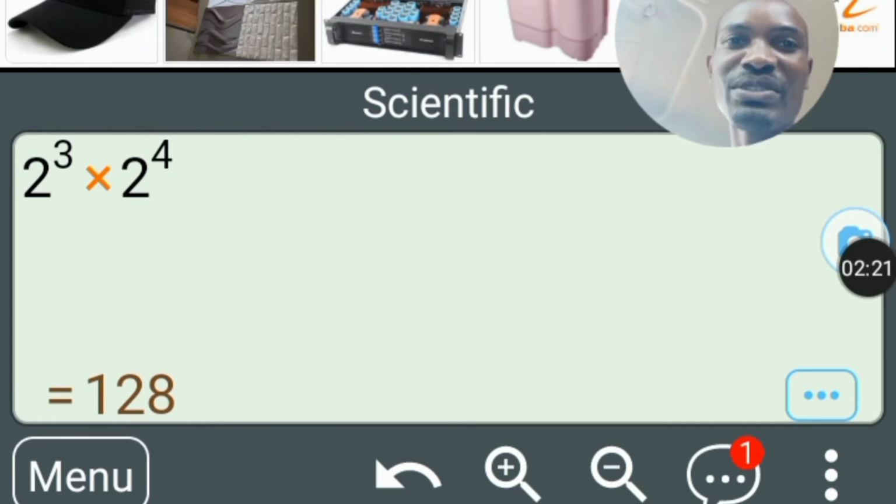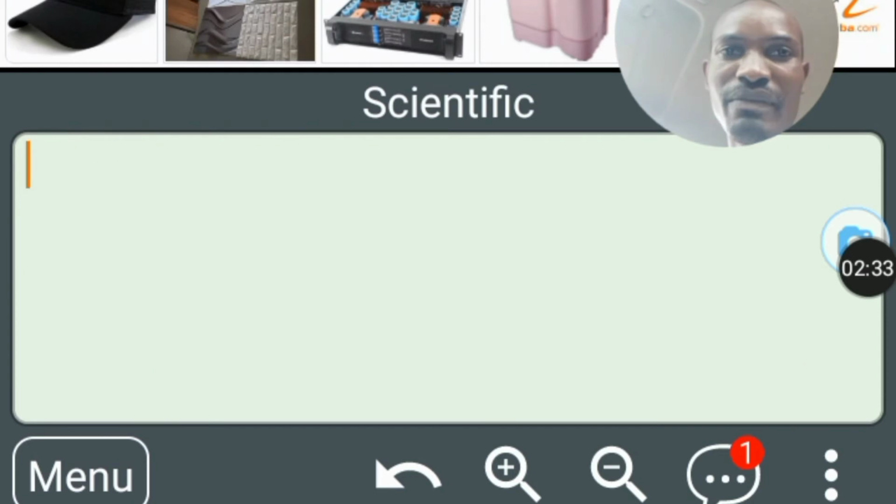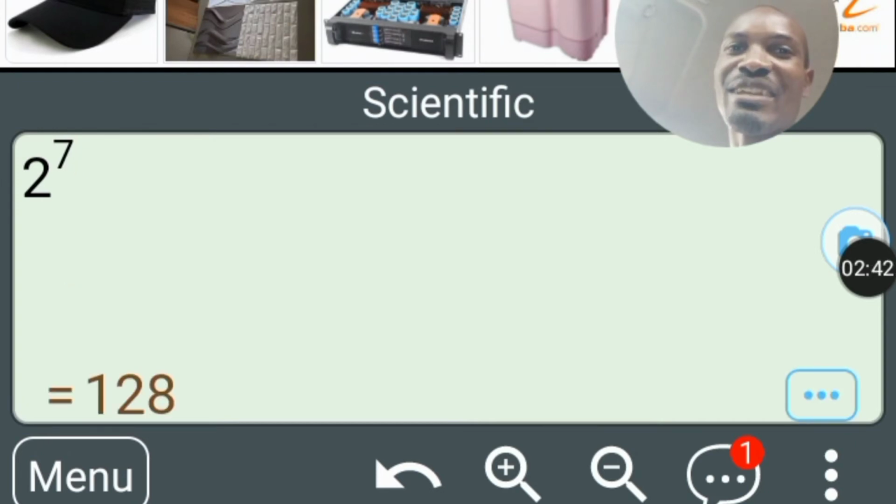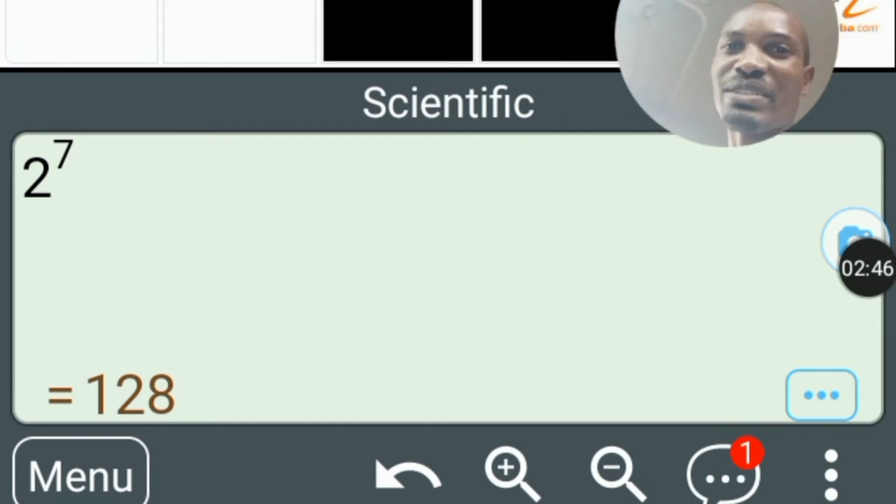But how about if we write only one base, which is 2, and add the indices together? What is 3 plus 4? And then punch in only 2 to power 7. Let's look at the answer. The answer is the same, which is 128. Wow, this mathematician was very clever.